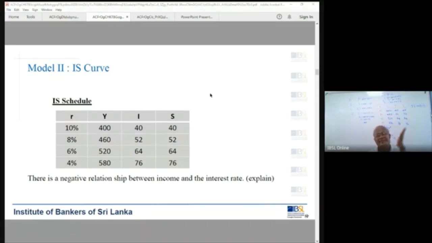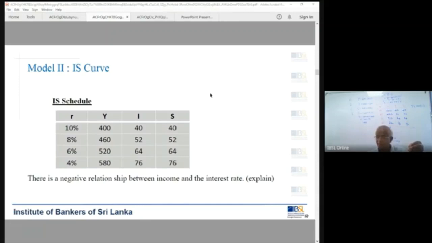Now we want to give the macroeconomic explanation of this negative relationship between interest rate and income. Why is the IS curve negatively related? Very simple. Y equals C plus I. Simple model, closed economy without government. When interest rate increases, what will happen?